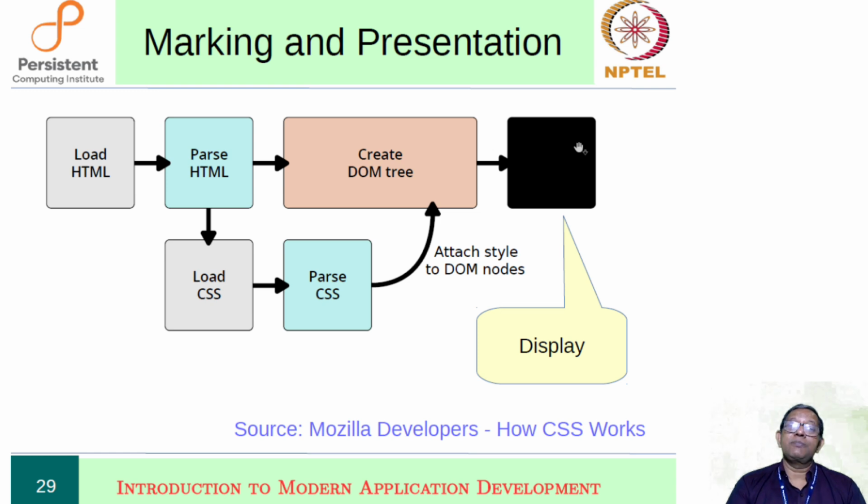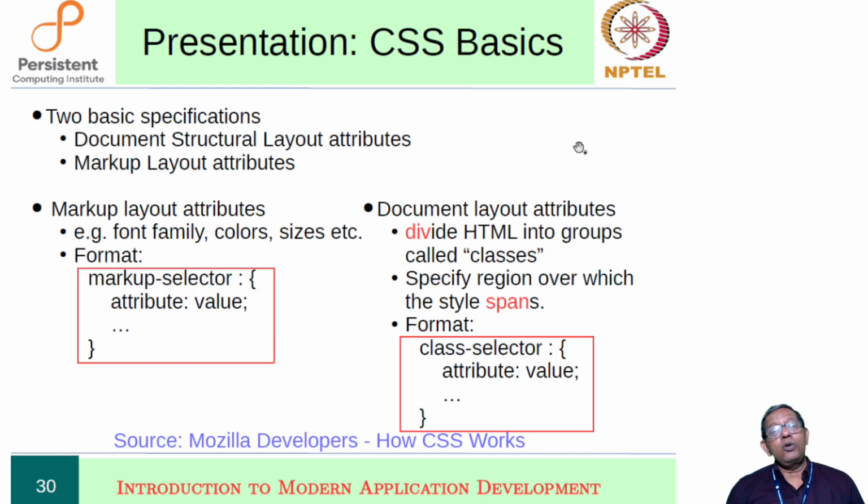Let's try to understand this process of actually performing the presentation. What do we really do when we want to present? At this point, we are not going to concern ourselves with the markup system that is there. Our only concern is really with whatever information comes from the markup, how do we present it? There are two basic specifications that we really need to worry about.